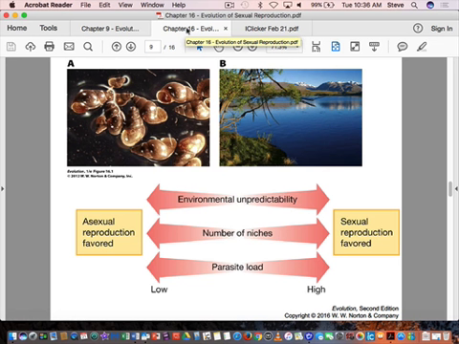And the other idea, if there's a high risk of parasitism, if there are lots of parasites, maybe it's advantageous to produce offspring that are different from you. Why do you think that is? Let me just ask this last question. What would be the advantage to reproduce sexually if you're being parasitized?